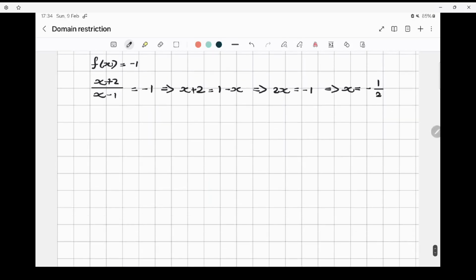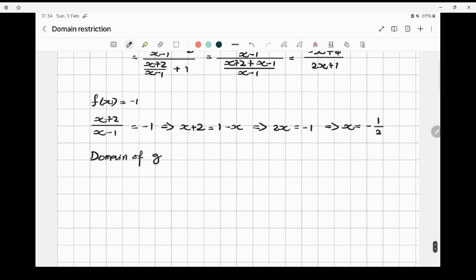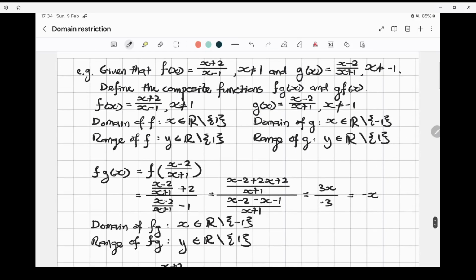So it means that your domain of gf would be x inside the real numbers, the set of all real numbers, but you need to exclude 2 points. One is minus half, the other one is 1, which is coming from the range of f.